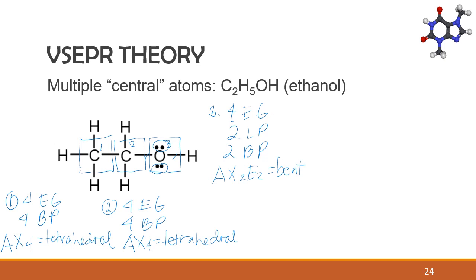We can redraw this Lewis structure to reflect the bent shape of the oxygen portion of the molecule. So first, we draw the central atoms, attach the hydrogen atoms to carbon, and we can draw the H here and then add the lone pair electrons.